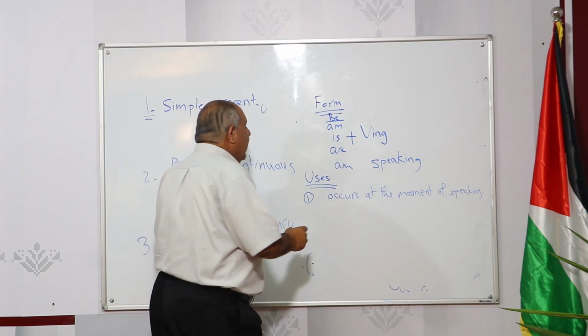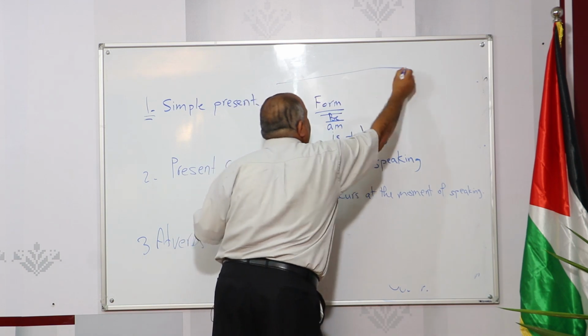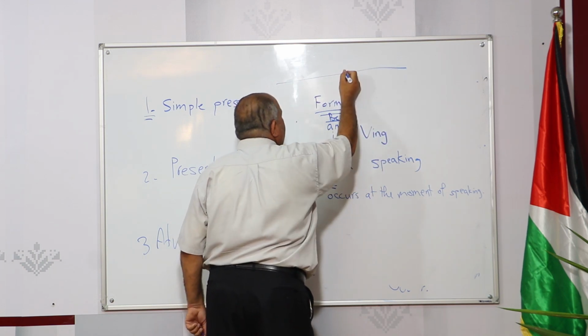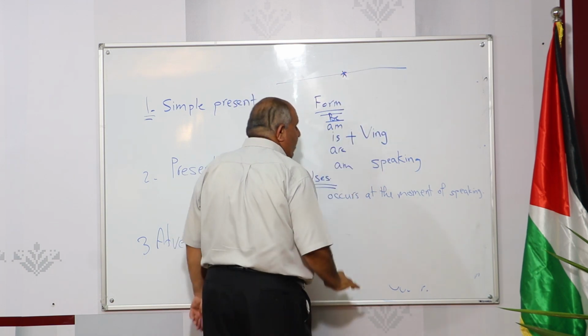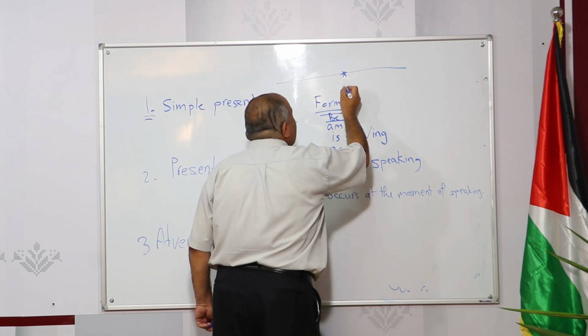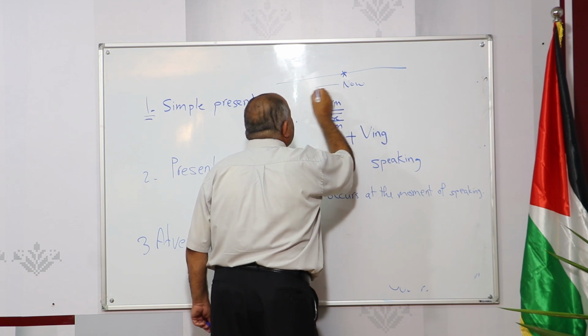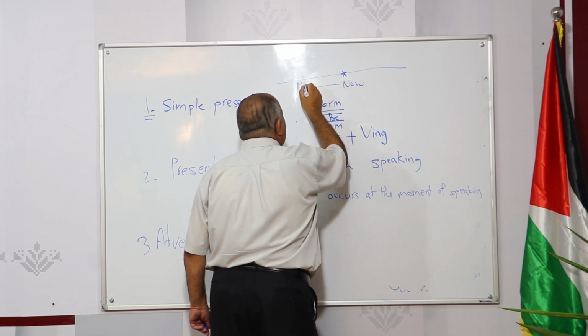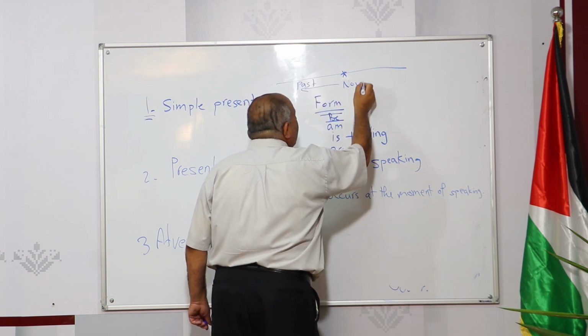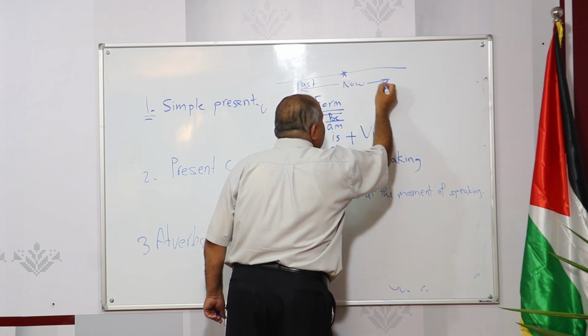Now, this is the line of time. Now this is now. The moment now I am discussing this lesson is called now. Everything before now is called past. Everything after now is called the future.